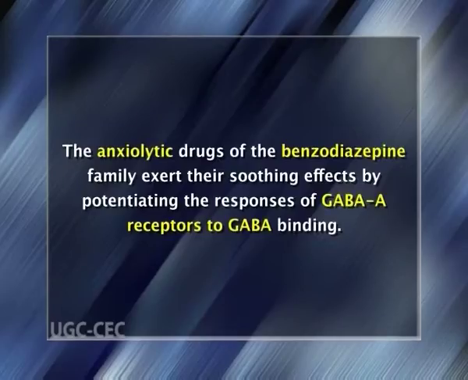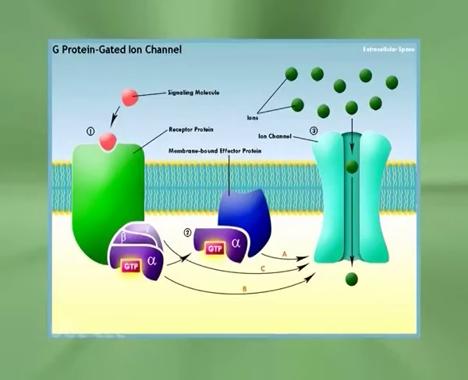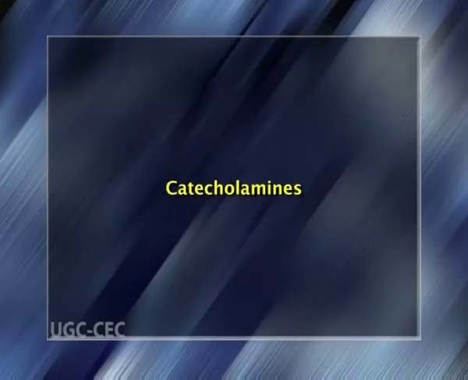The anxiolytic drugs of the benzodiazepine family exert their soothing effects by potentiating the responses of the GABA A receptor to GABA binding. The GABA B receptors are coupled to intracellular G protein and act by increasing conductance of an associated potassium (K+) channel.